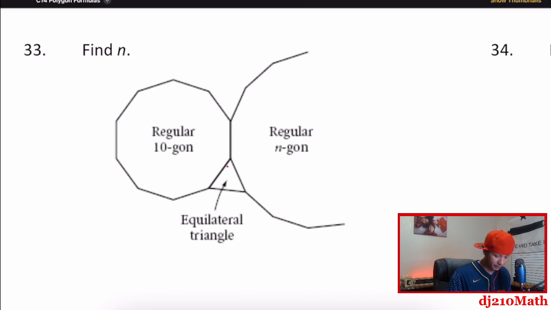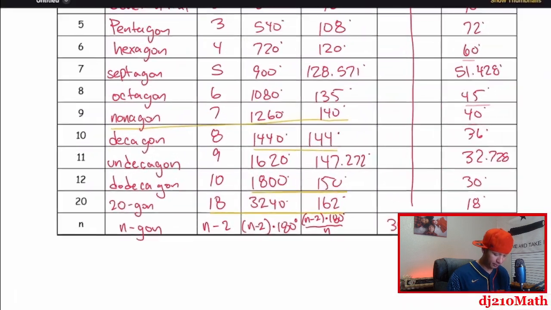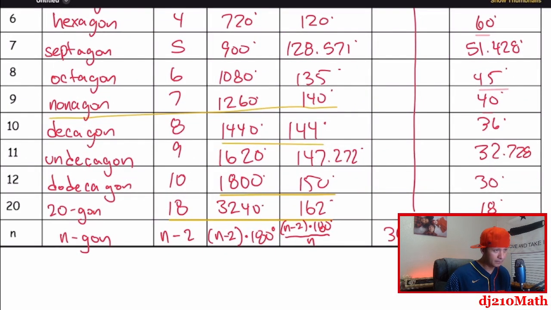So I know that this is going to be 60 degrees. And a 10-sided polygon, a decagon, we see that each individual angle is 144 degrees.